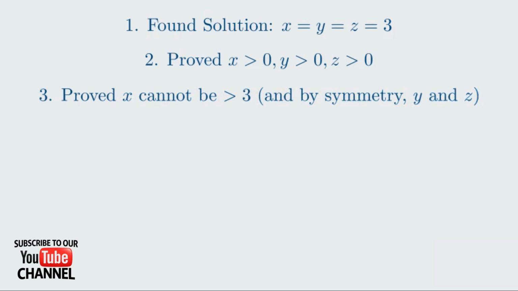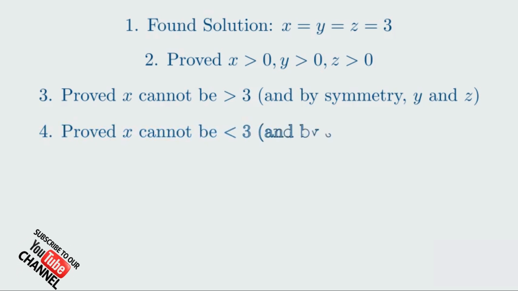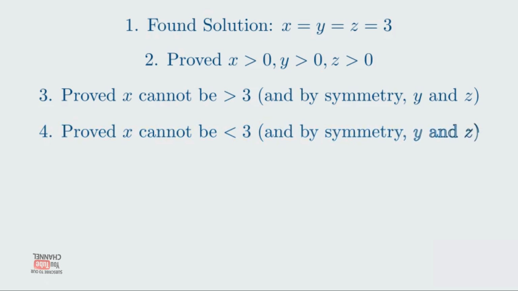Fourth, we used another proof by contradiction, this time assuming a solution existed where x was less than 3. This led to a logical inconsistency, where a variable's cube had to be negative, but its corresponding expression from the equation was guaranteed to be positive. This was a clear contradiction, proving that x cannot be less than 3.